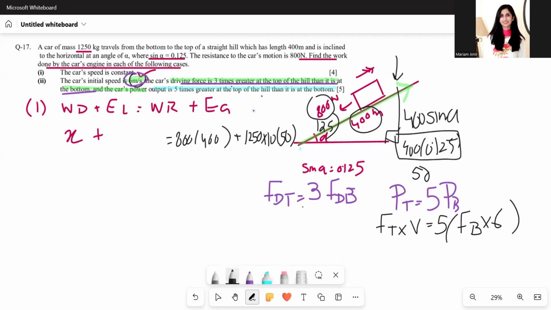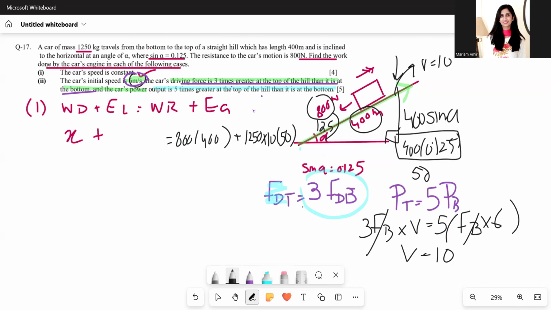Force at the bottom is driving force at the top divided by 3. Or in fact, I can change this to force at the top, these are the same thing, equal to 3 times force at the bottom. This and this cancel. We get V is equal to 10. So the speed at the top is 10.